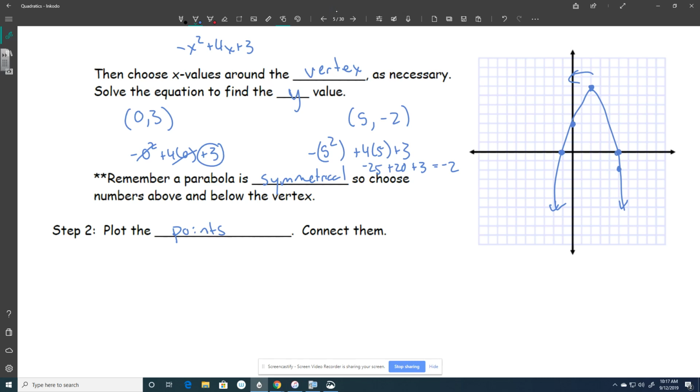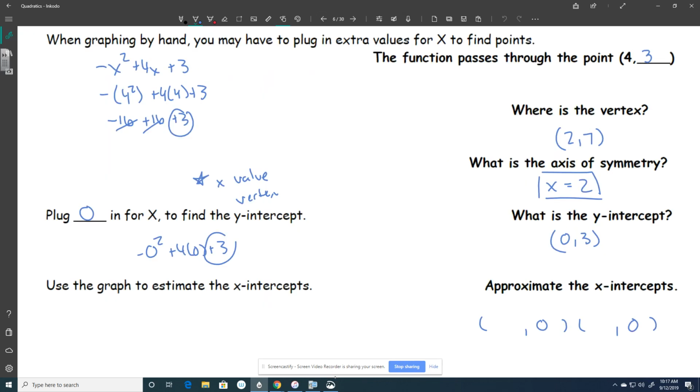And this is a little bit more than negative 1. So we're going to say a little bit bigger than negative 1, so maybe negative 1.2, and a little bit smaller than 5, so maybe 4.8. Not a lot smaller, but a little bit smaller. And remember, I'm approximating. So as long as I'm close, I should be good.